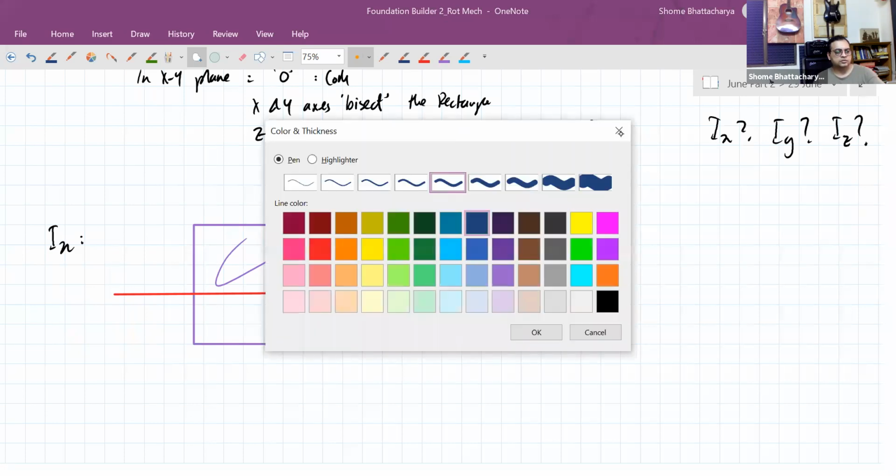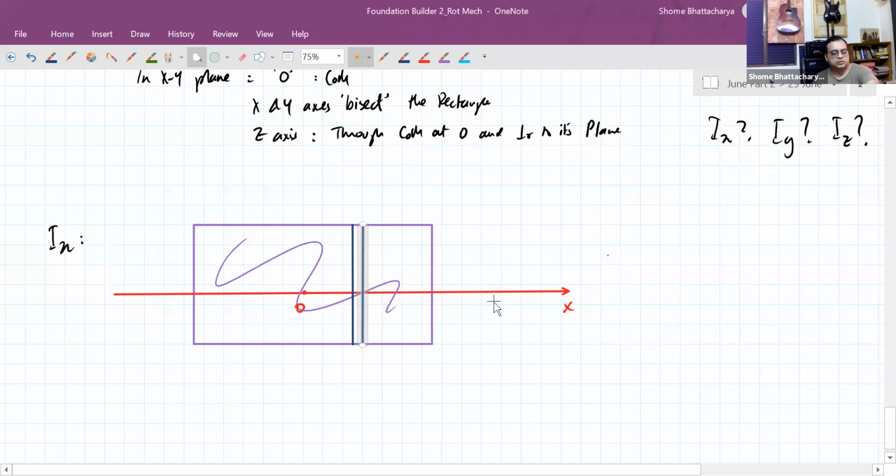Anyhow, say I take a thin section of this, which is at a position, let's say x with respect to the origin. But more importantly, it has a thickness dx. Right? And this rod will have a length of b because this length is b, whereas this length is l.